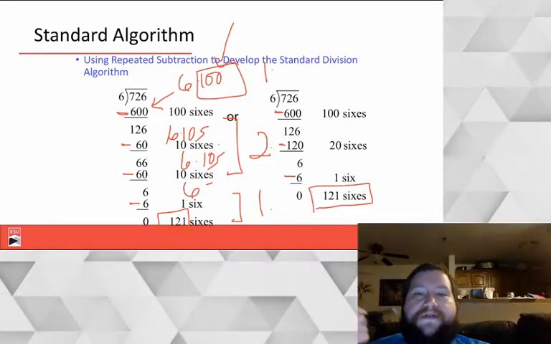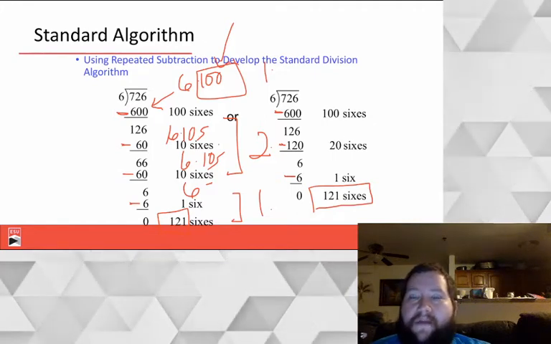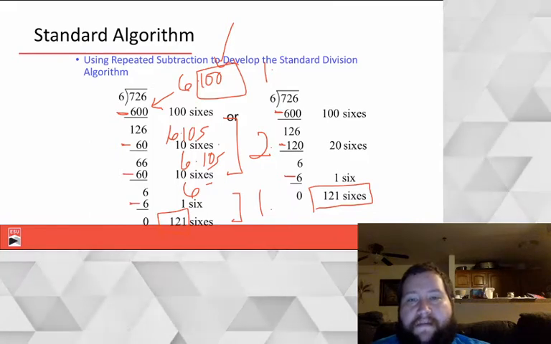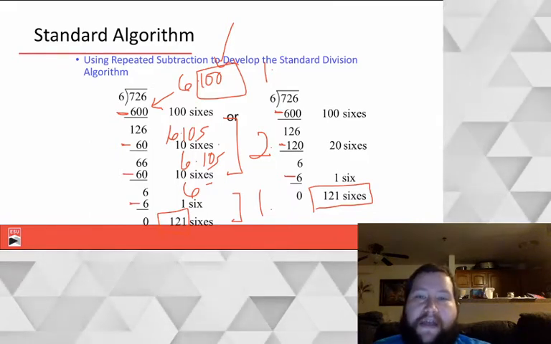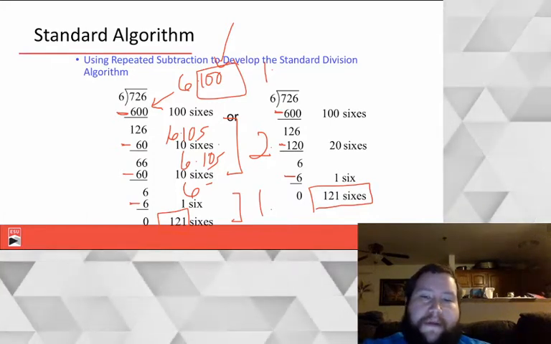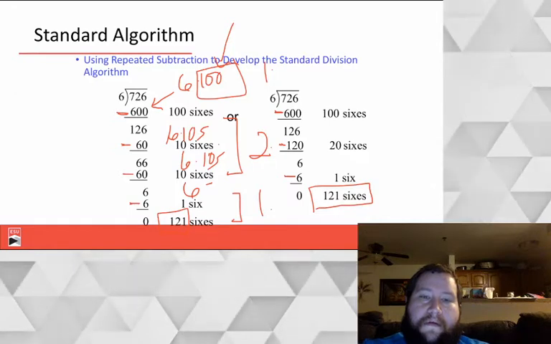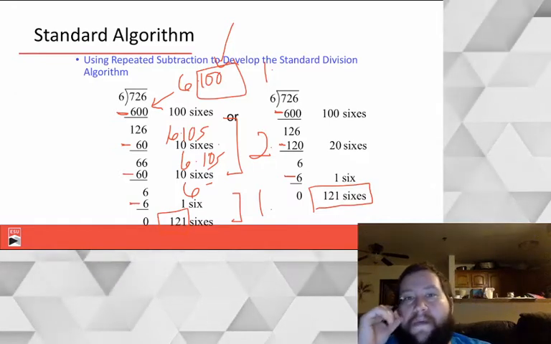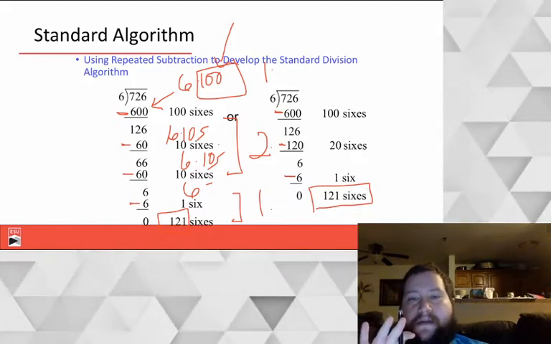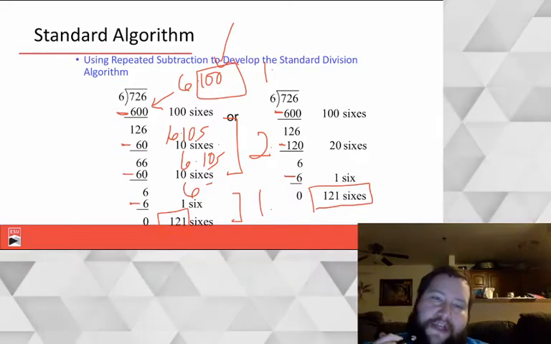Because I'm going to assume that most of us are familiar in some way with the standard algorithm. And so what I want us to think about is, okay, that's the standard algorithm. That's our go-to check in the background. And so what we have there is our go-to checking situation. We can go back, we can look at our standard algorithm and check our work.